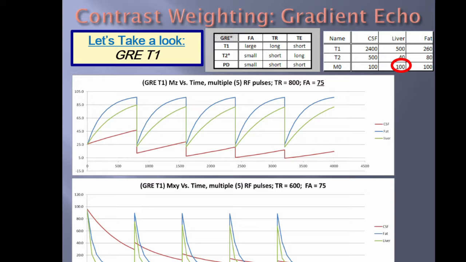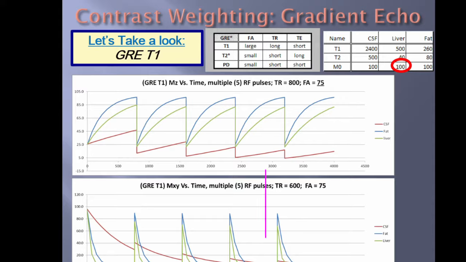That's because we're taking such big chunks out of it that it's just not able to recover, whereas fat and liver are setting themselves up with a nice equilibrium of signal. Now moving into the XY plane, as we look over multiple pulses, we see that effect of the CSF dying out by the 5th RF pulse.